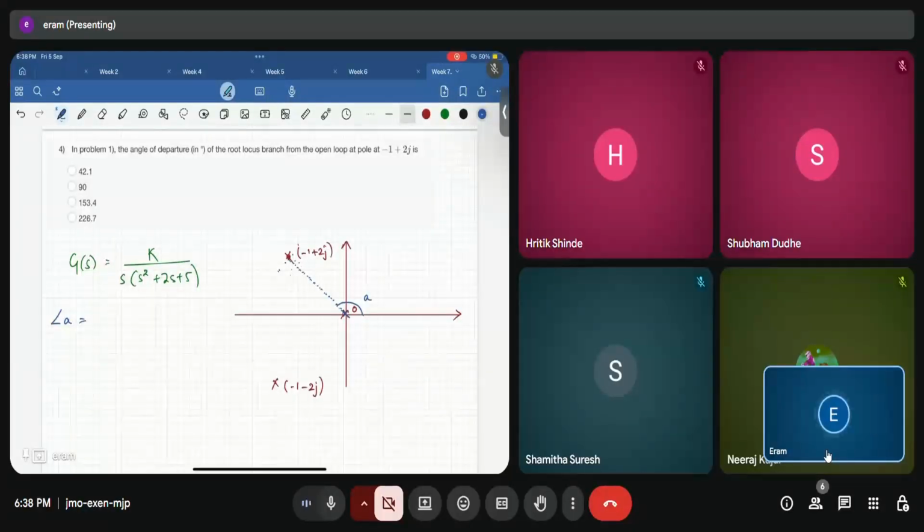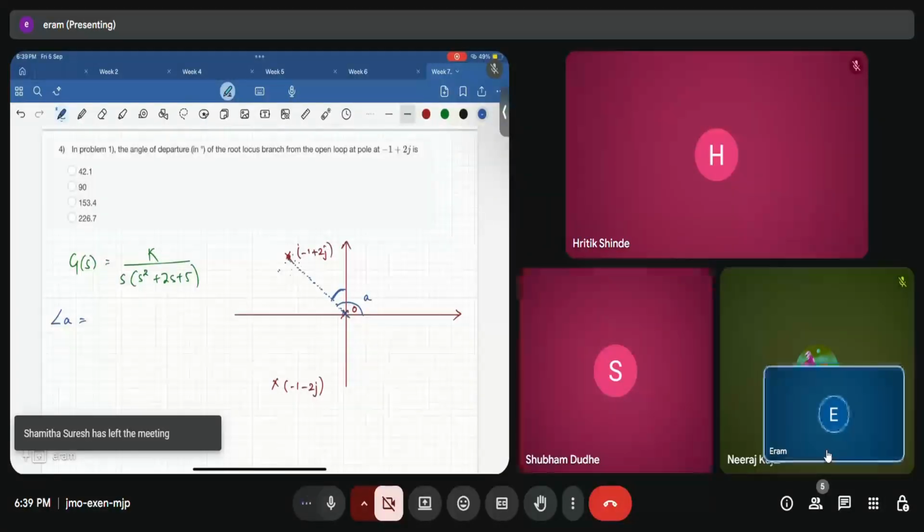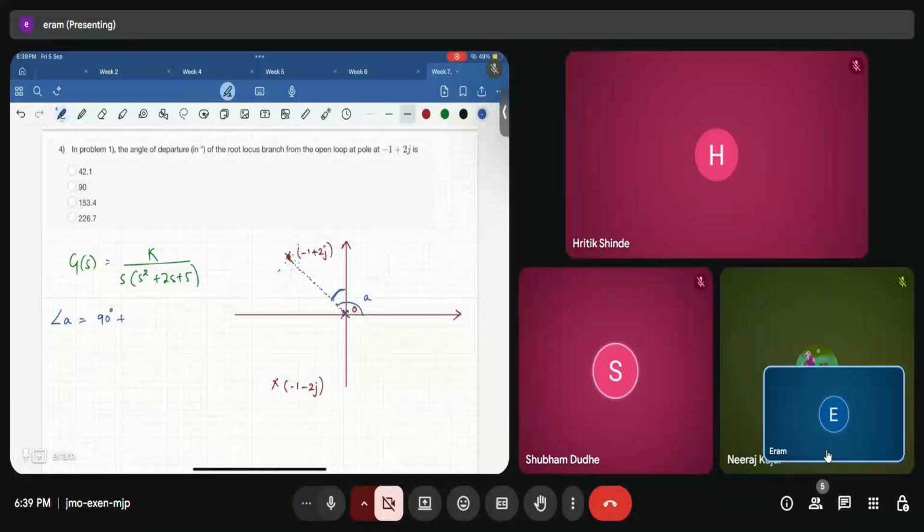It will be 90 plus this angle. And what will be this angle? It will be tan inverse of 1/2. Yes, tan inverse of 1 by 2. So 90 degrees plus tan inverse of 1 by 2.